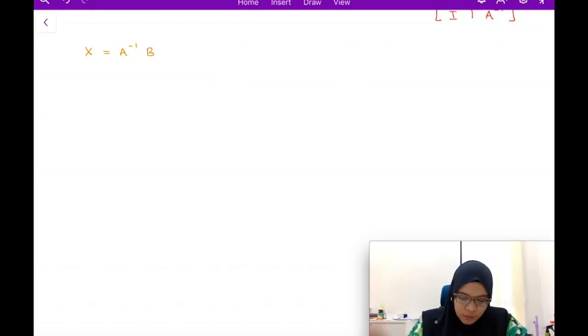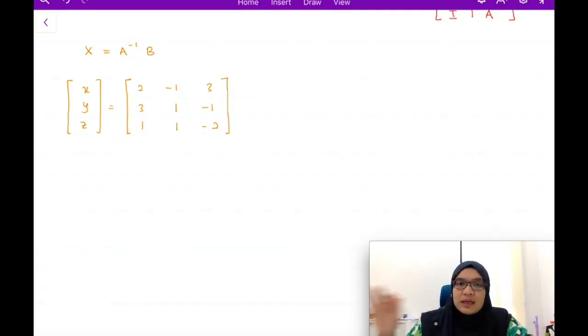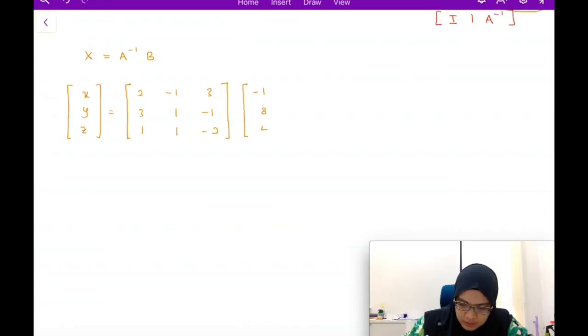From what we have previously written, we have x, y, z. To solve for x, y, z, we need to multiply the inverse, in this case 2, negative 1, 3, 3, 1, negative 1, 1, 1, negative 2, with the column vector of B: negative 1, 8, 4.